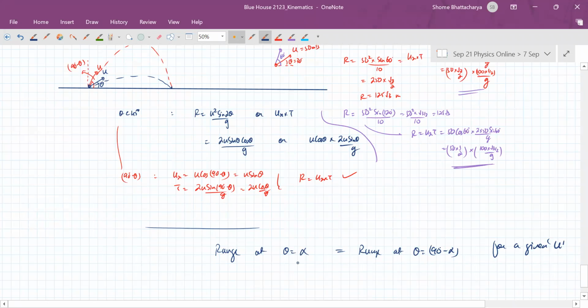That is why range at theta equal to 15 degrees is the same as the range at theta equal to 75 degrees. So if in one case I want theta to be greater than 15 degrees, then on the other side I want theta to be less than 75 degrees.